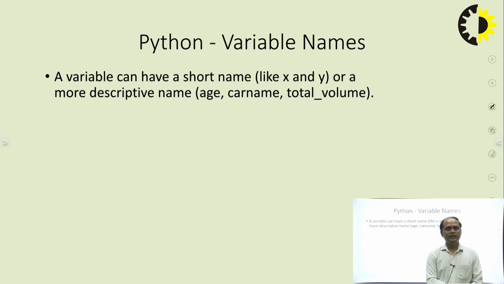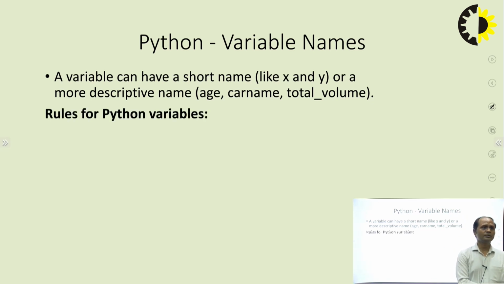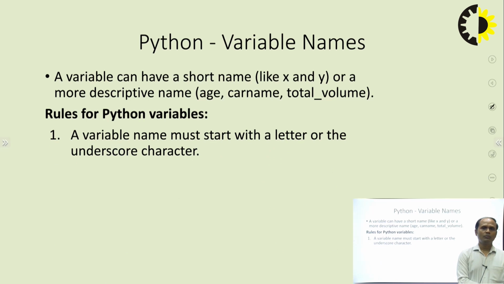In Python, variable names can be a short name like x, y, or a more descriptive name. We have some rules for the naming of variables. What are the rules for naming a variable? One, a variable name must start with a letter or underscore character.